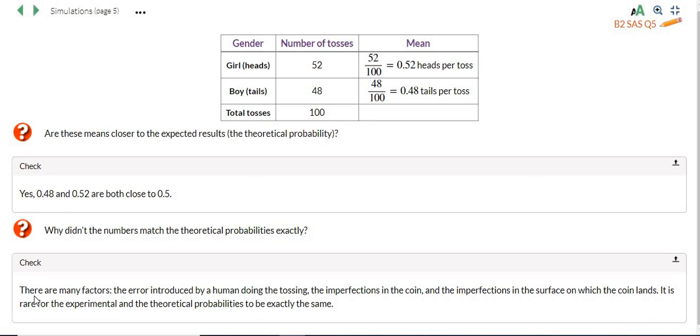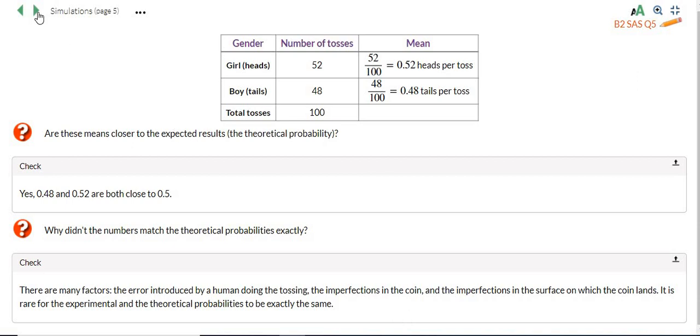So if you want to write my shorter version I just read aloud, I said you need a larger number of trials to get closer to the theoretical probability.